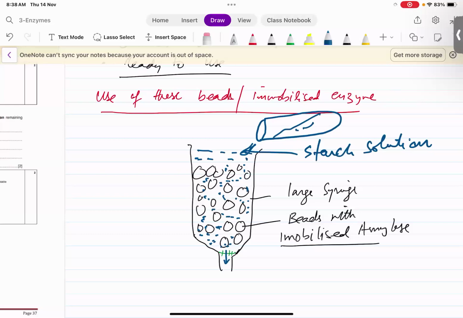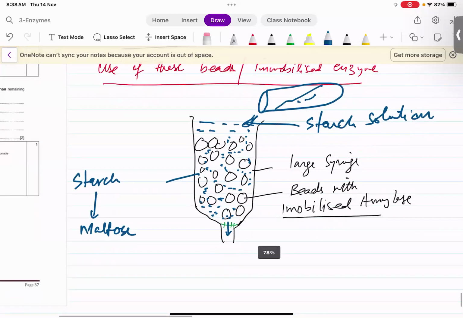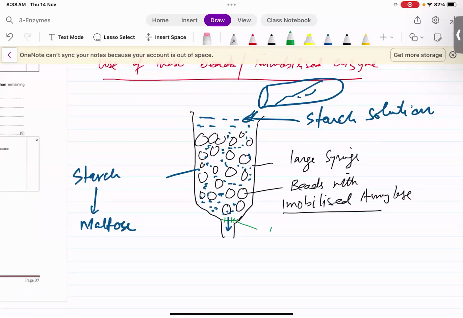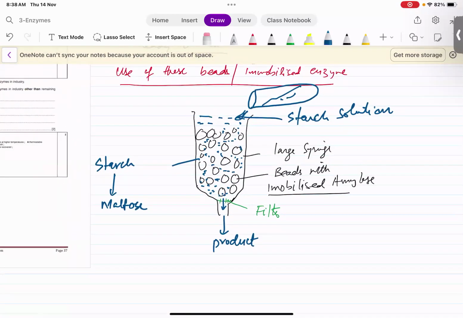So what will happen? The starch will be broken down to maltose by these enzymes present in these beads, and this molecular filter will only allow maltose to come out of it, but not the starch molecule. So at the other end, the product which is collected will be free of any contamination of an enzyme or any substrate.